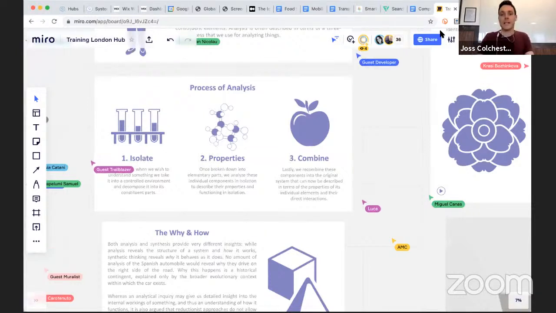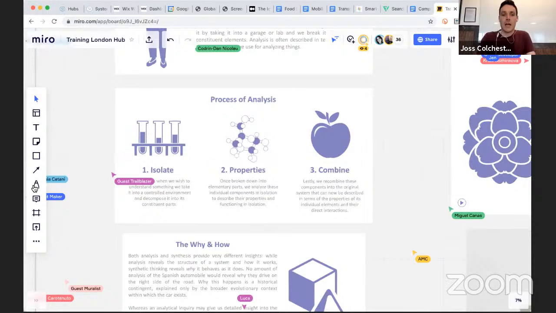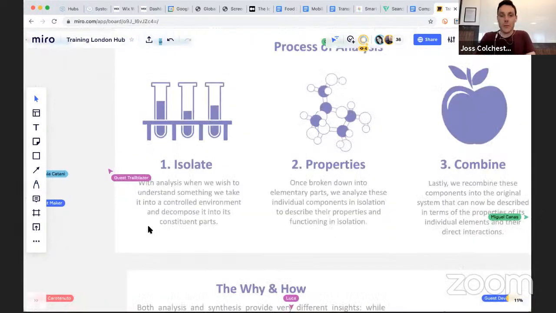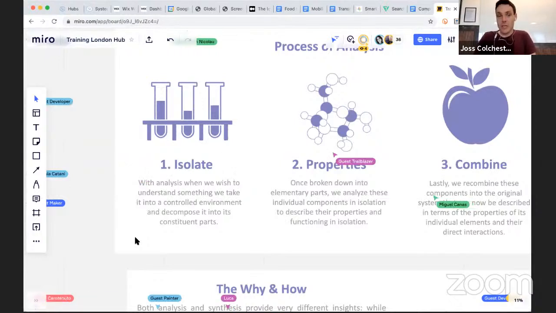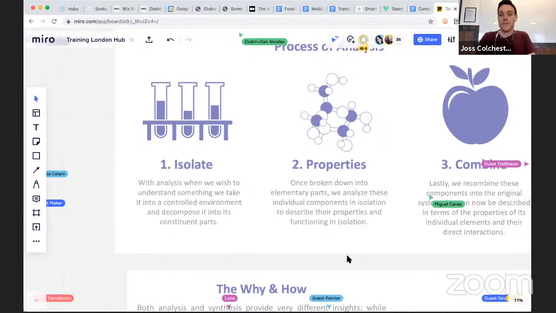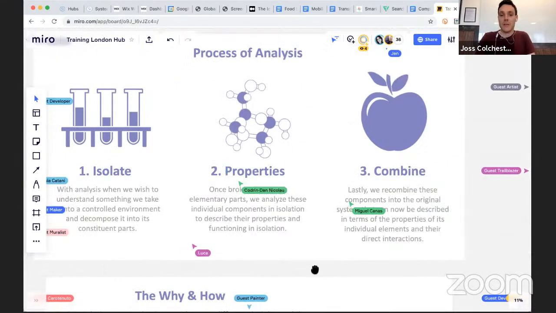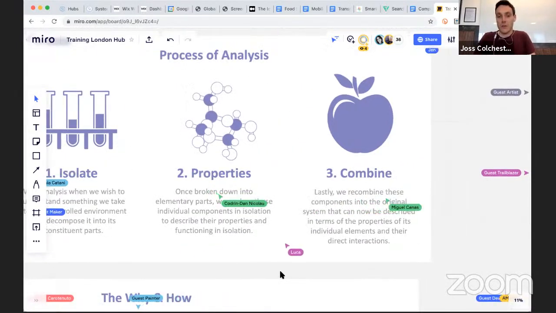First thing we do is isolate what we're trying to study. And then when we wish to understand something, we take it into a controlled environment and decompose it into its parts, like in the garage, like in the lab, wherever it is.